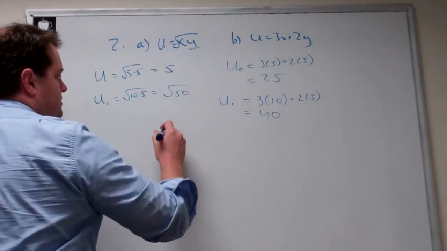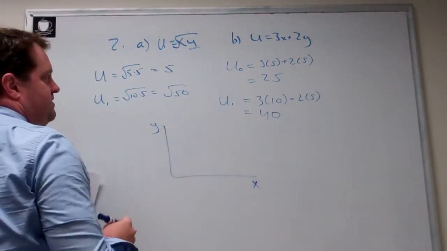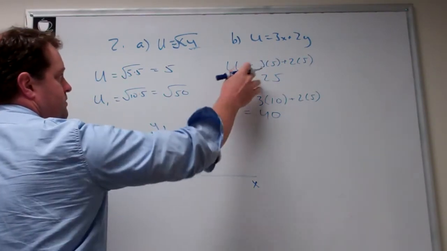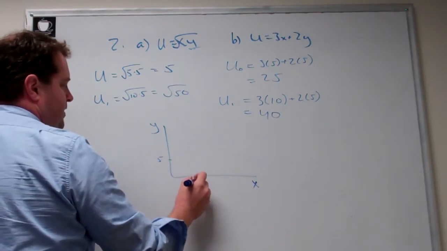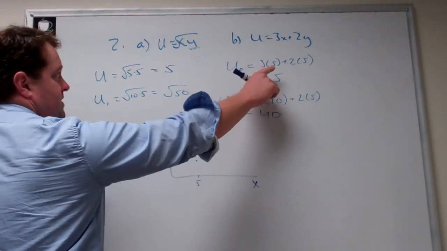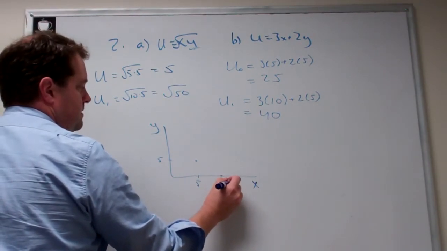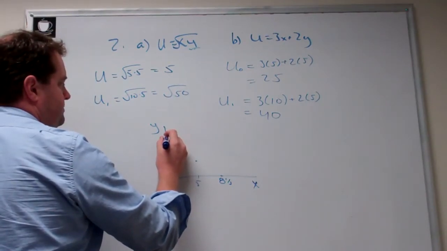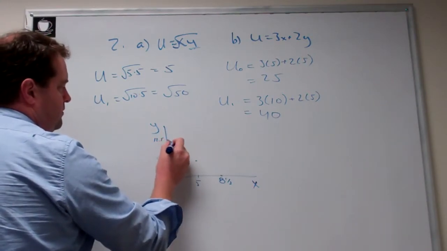For this world right here, we can graphically display the indifference curves that this consumer might be on. Again, they start off here at a utility of 25, which corresponds to having a bundle of 5 and 5, or they could have 8 1/3 units of X, or 12 1/2 units of Y, to get to that utility level of 25.